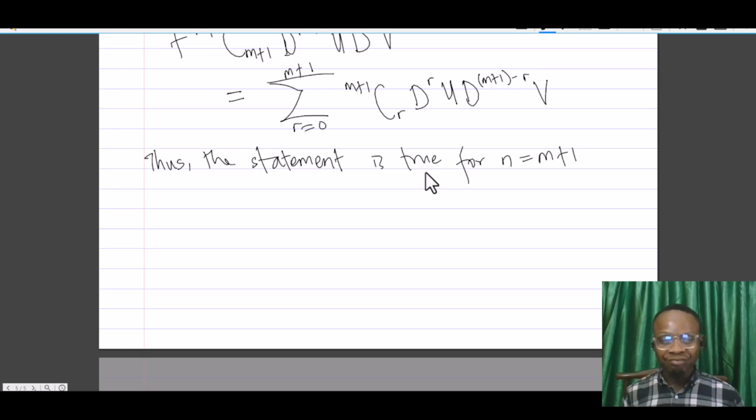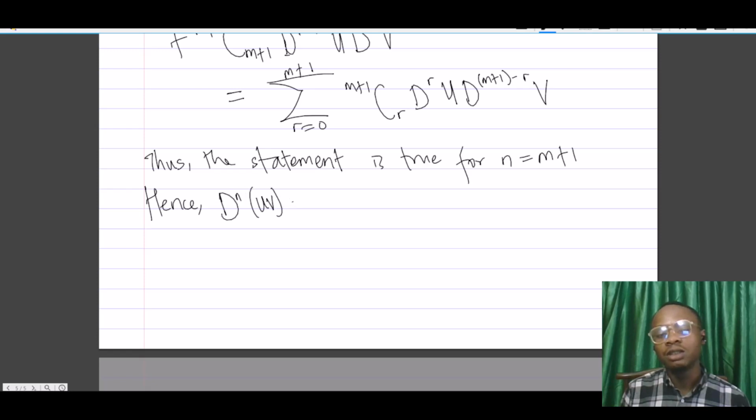So finally, we can now see that hence, indeed, the nth derivative of uv is actually equal to the summation from r equal to 0 up to n of n combination r, into the r-th derivative of u, into the (n minus r)-th derivative of v.